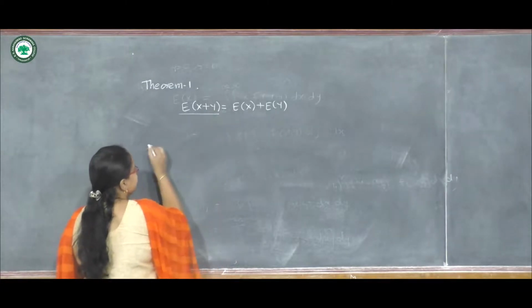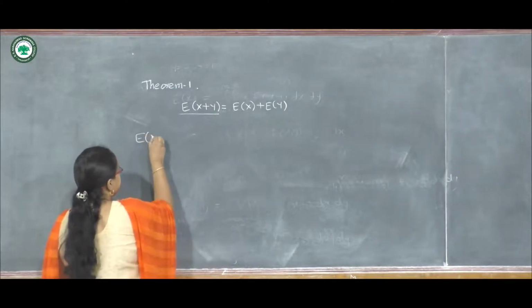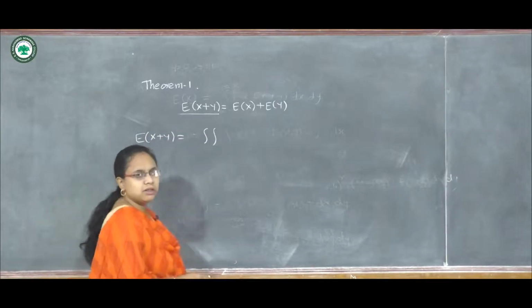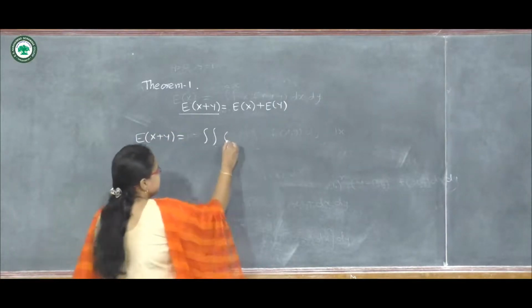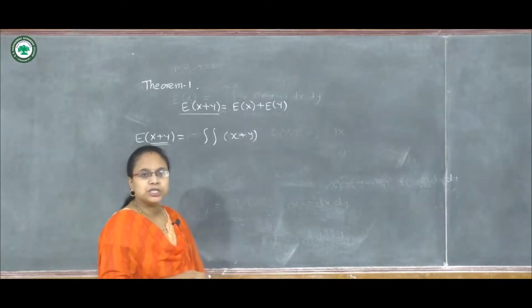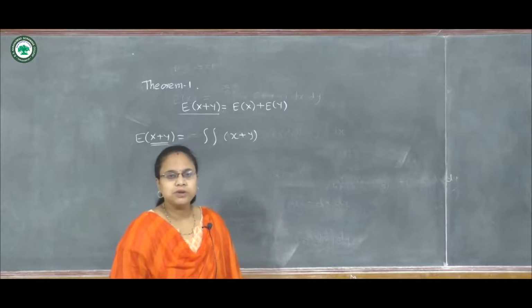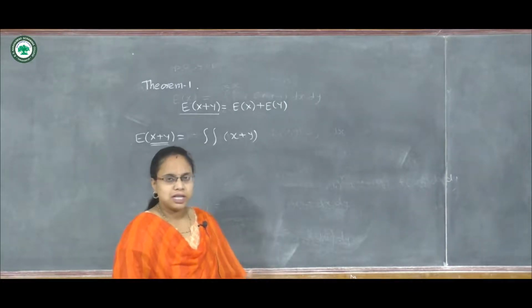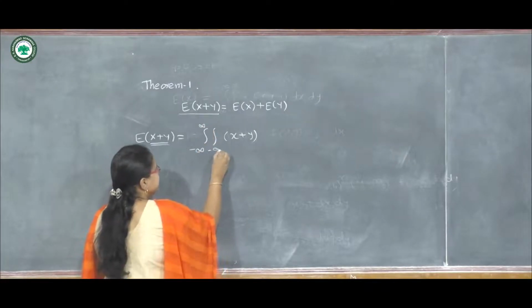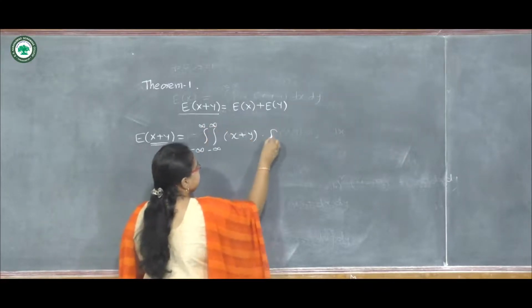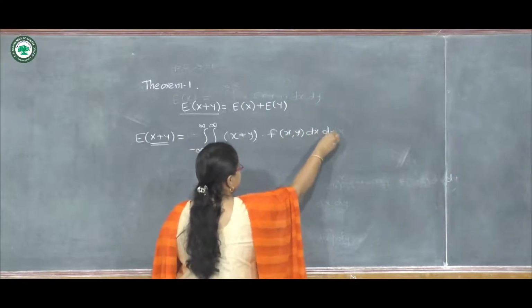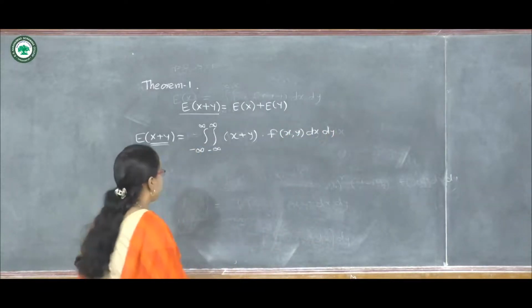So we are going to take this side. By definition, we can write this as the double integral of (x + y), because here x + y is a g(x, y), that is a function of x and y, as we saw just now. So this is from minus infinity to infinity, f(x, y) dx dy.